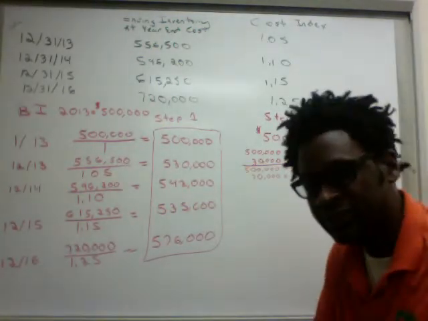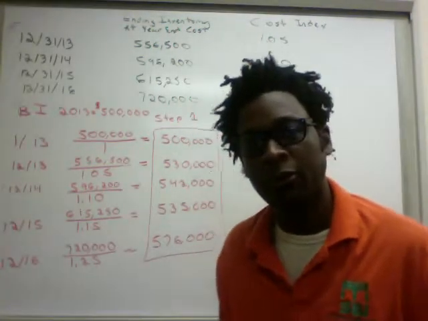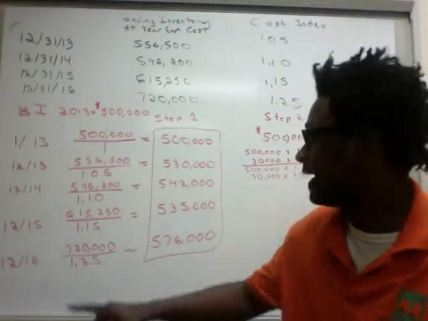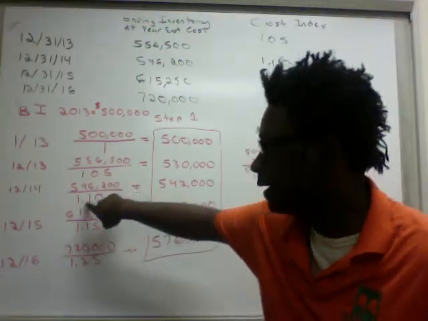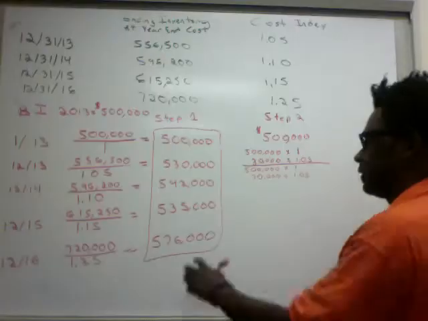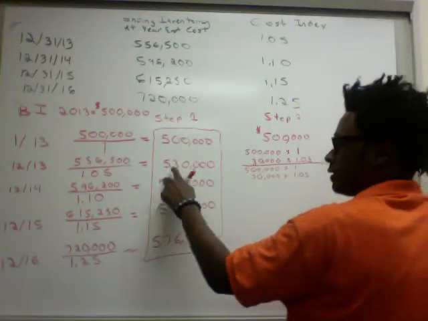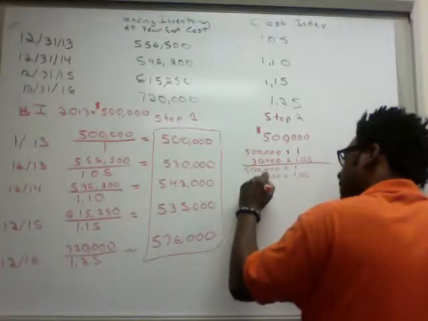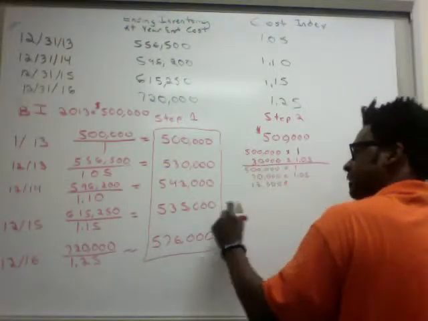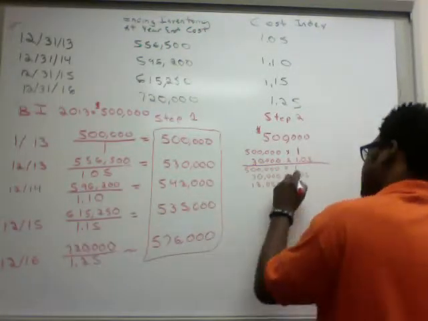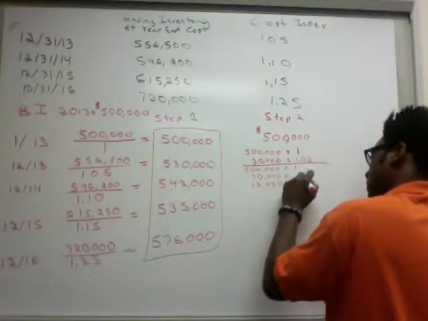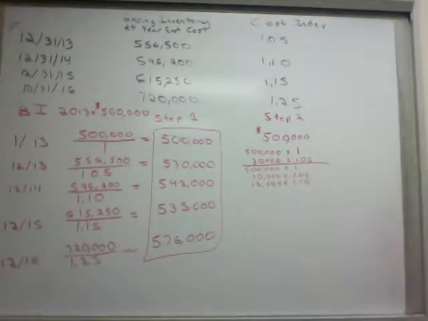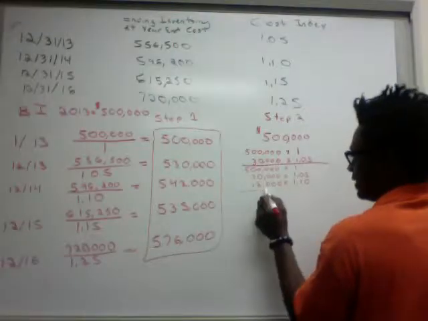And so that increase in the value has to be reported and adjusted by its respective index. So the difference between these two numbers was 12,000, so we're going to report 12,000, and we're going to multiply it times this index of 1.10. Okay? We're finished with that particular year.